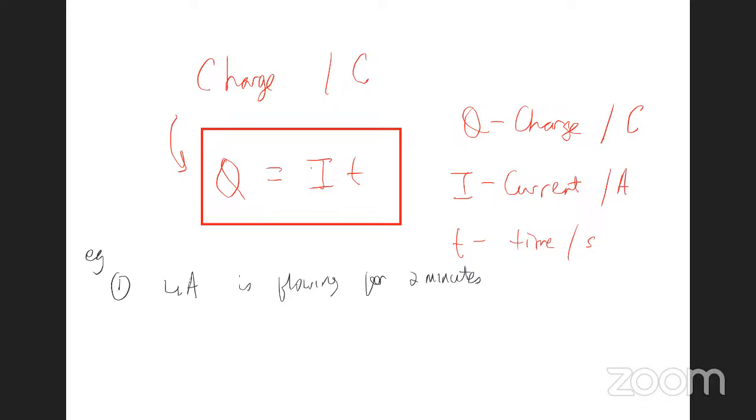So I want you to find Q. Take your time, look at the formula. What's the first thing that we do after we get the formula? Underline what is given, and then what else? Write the formula and then make sure everything is in correct units, SI units. So we transform the minutes into seconds. Very good.